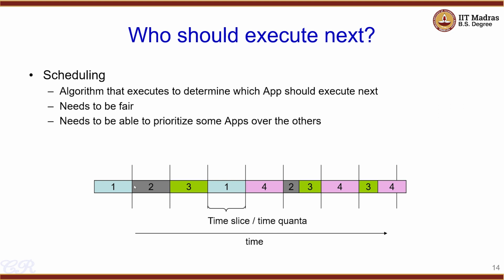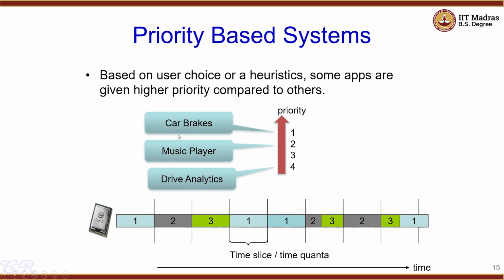So what do we mean by this aspect of prioritize? Let's consider again this case of an automobile where we have three applications. Let's say an application which controls the car brakes, another application which controls the music player, and the third application which performs some offline drive analytics.